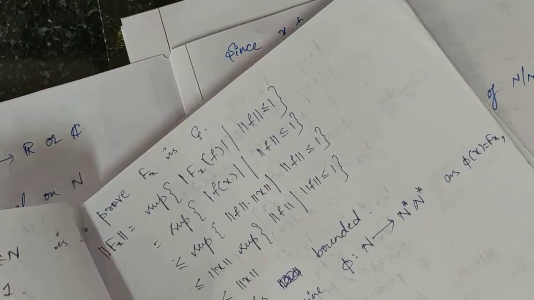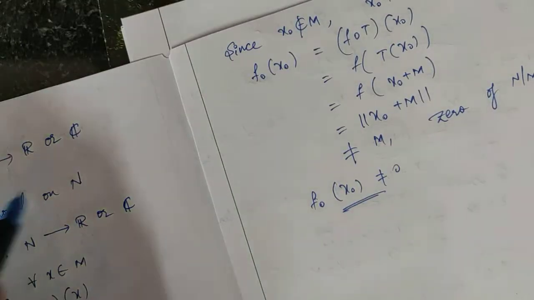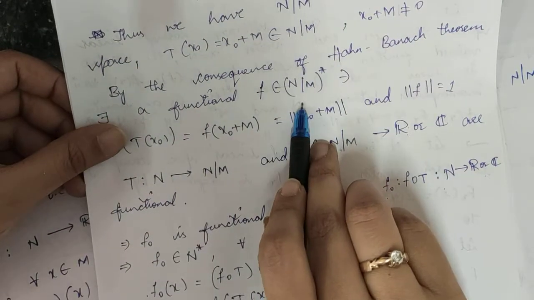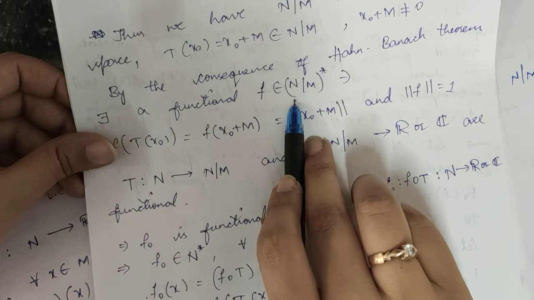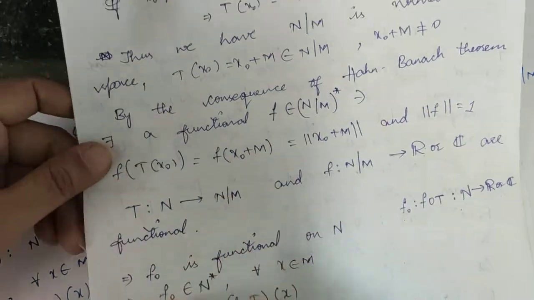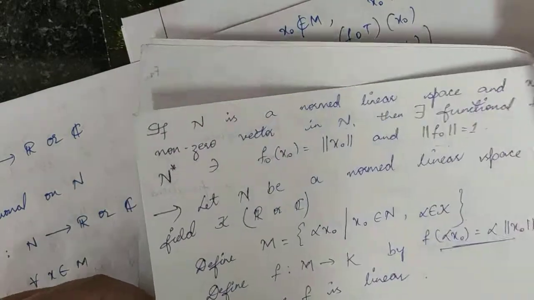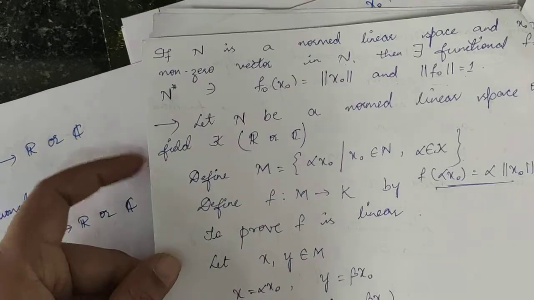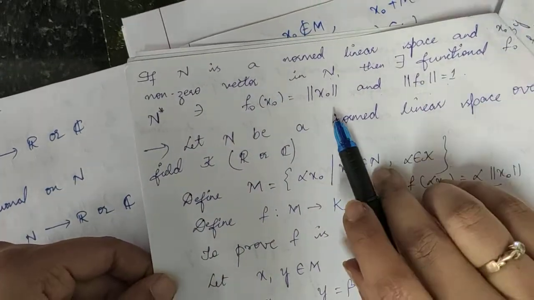So again, if you observe carefully, in order to say that f belongs to (N by M) star, here we have used the Hahn-Banach theorem, that is, the consequence of the Hahn-Banach theorem. The consequence of the Hahn-Banach theorem is nothing but the first theorem I have proved in this session.